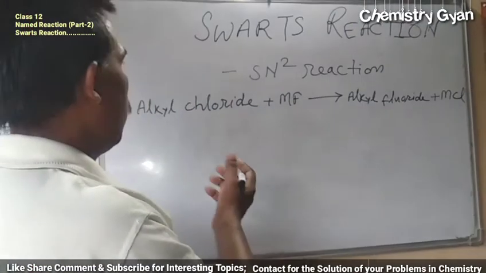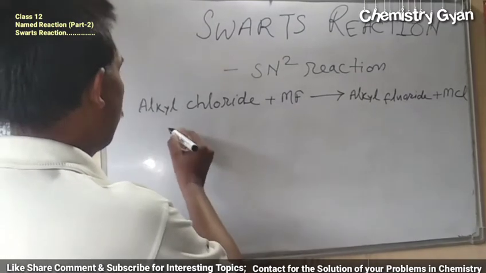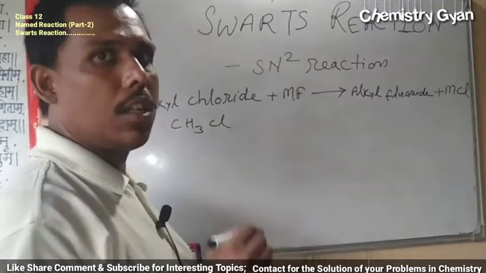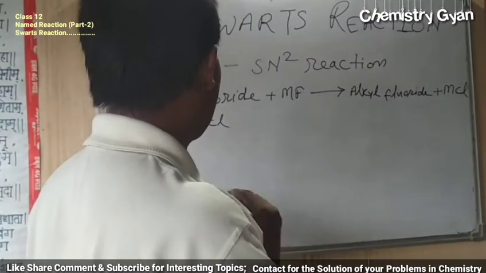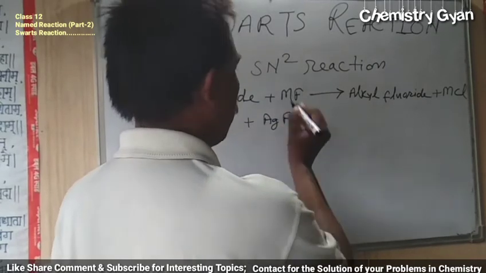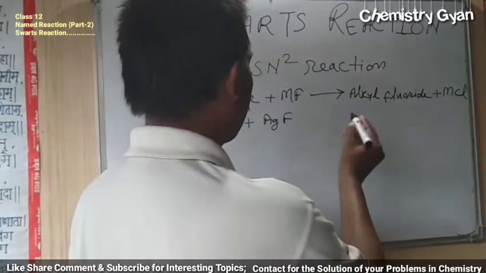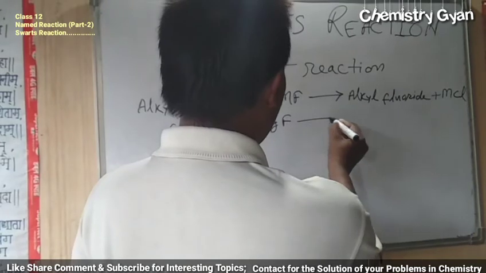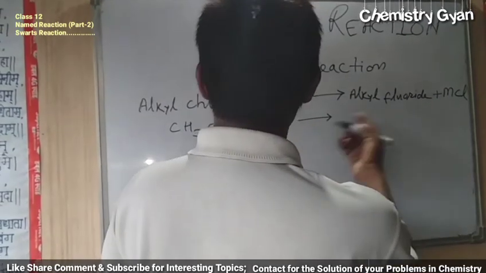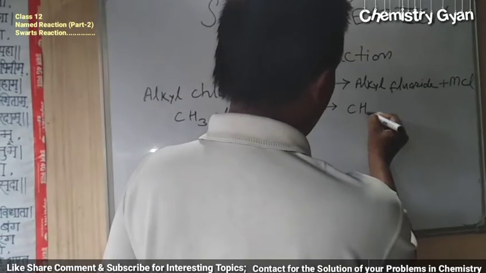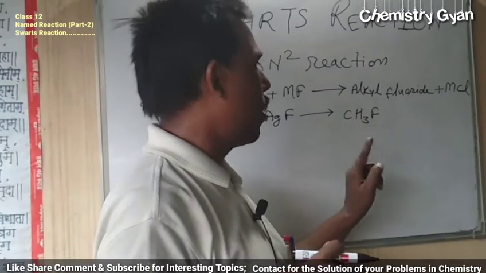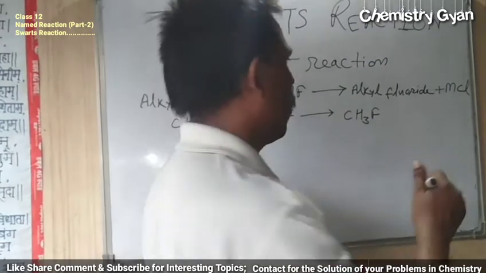So in this reaction, take the example of CH3Cl, methyl chloride or chloromethane, plus AgF, silver fluoride. Reaction happens, it gives out alkyl fluoride CH3F, that is methyl fluoride or fluoromethane.